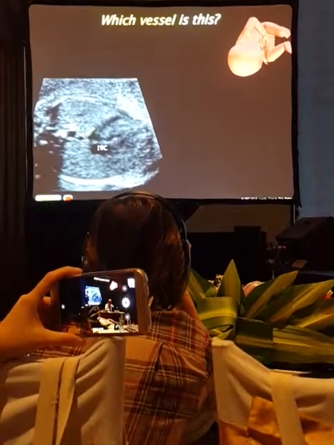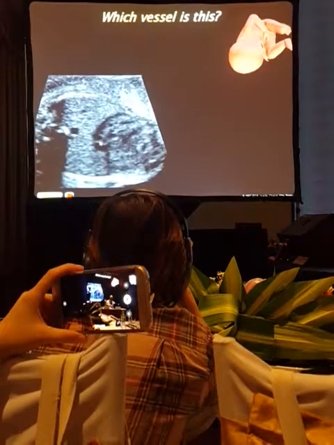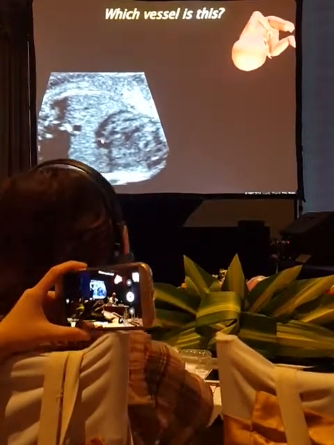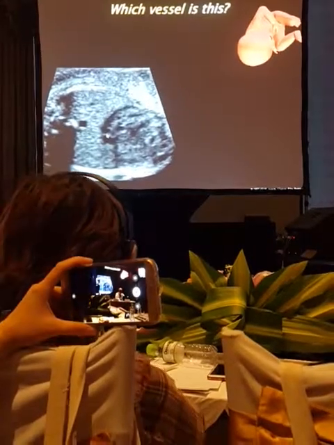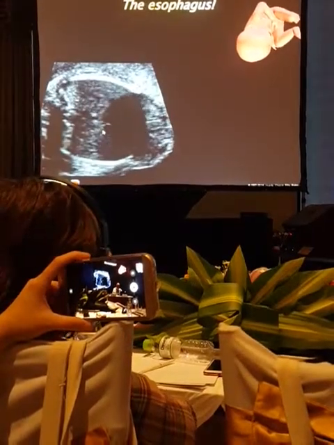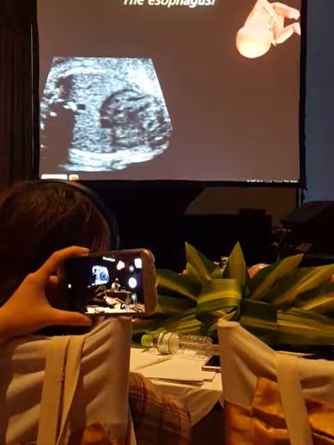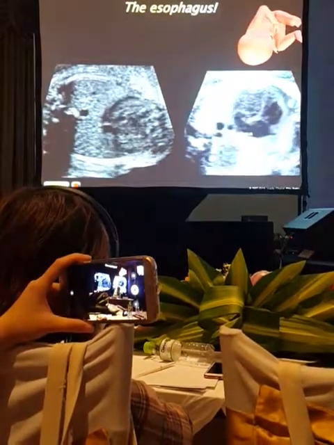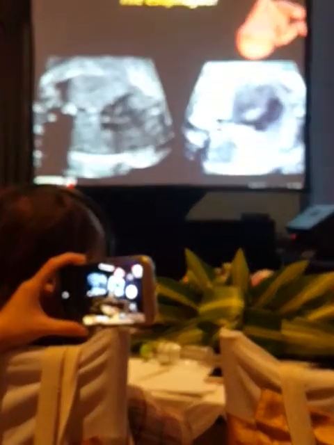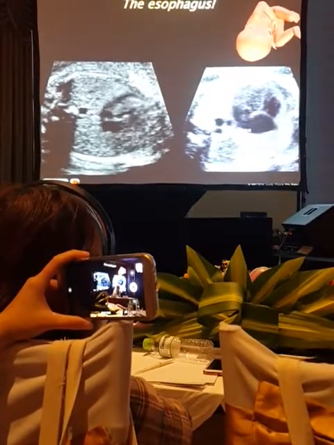And so I make it disappear. What was that? Photoshop? Not Photoshop. This is the esophagus. Baby swallows fluid, and you see the fluid go through the esophagus. That's a normal finding. Another one here, aorta, esophagus, azygos.